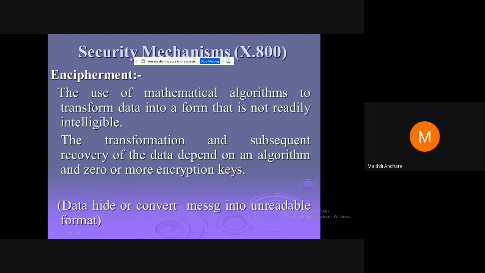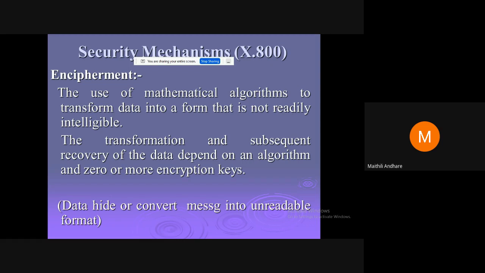Encipherment, this is related to the ciphertext. So in the further units you will come across the terminologies, that is plain text, ciphertext, encryption, decryption. But right now this encipherment is one of the techniques which is used to hide or make the message in the unreadable format so as to achieve the confidentiality.